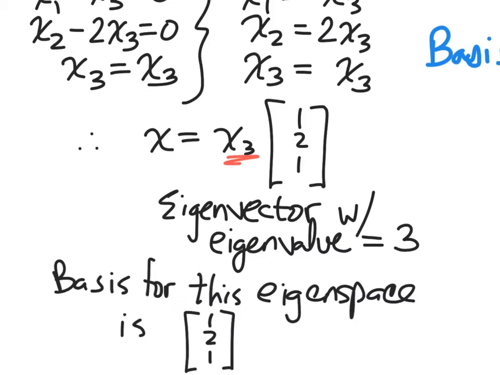Now, the eigenspace in and of itself is a subspace, so we wouldn't expect to be able to span all of real space of dimension 3 using this single eigenvector. We would need more than this, but this is enough to get us through our relevant eigenspace, which is a subset of that real space.